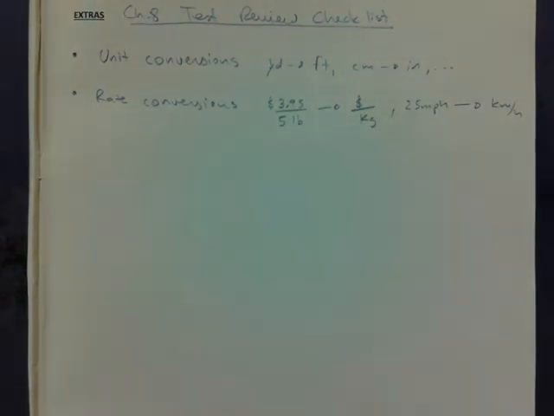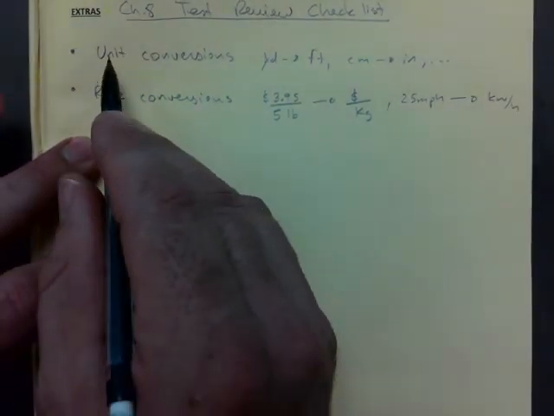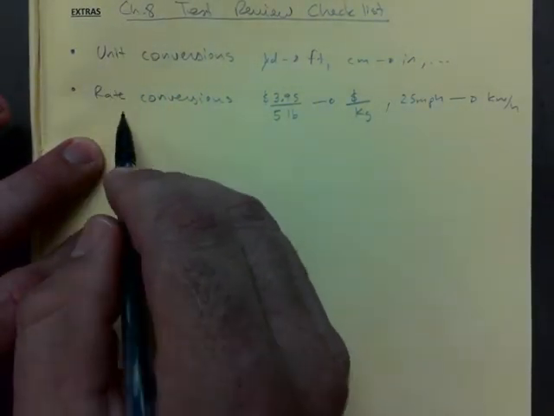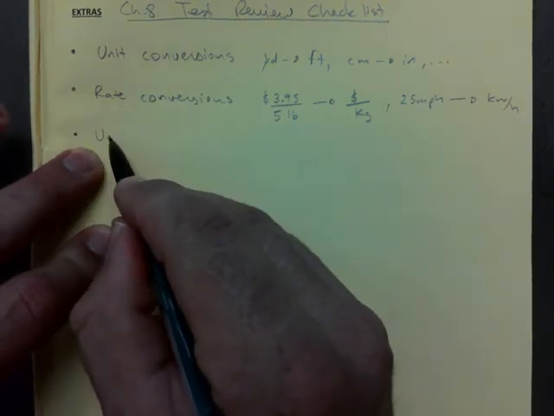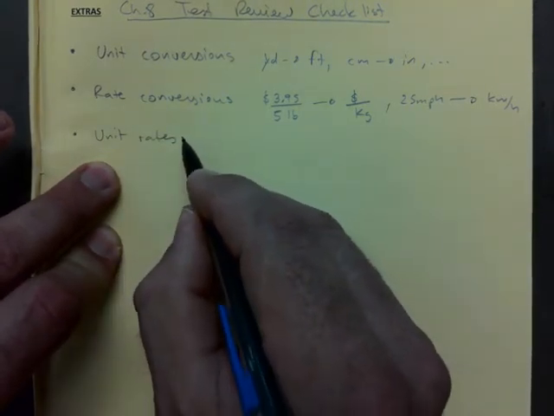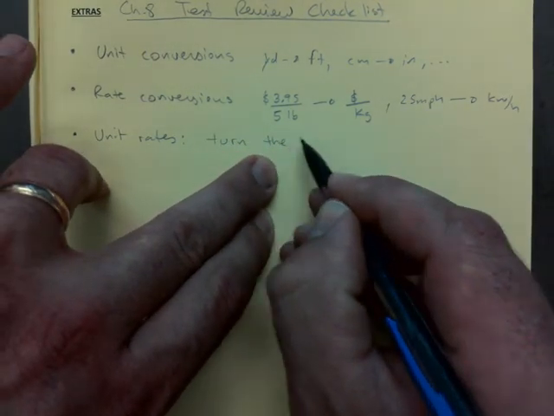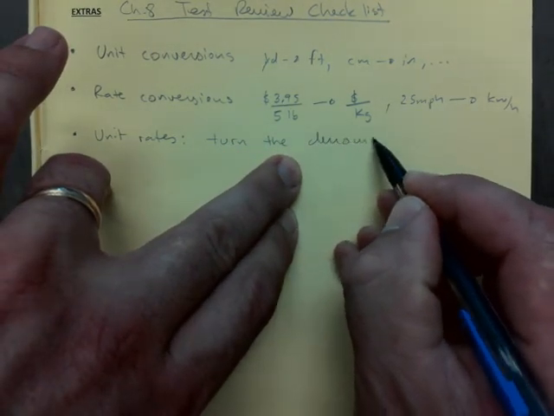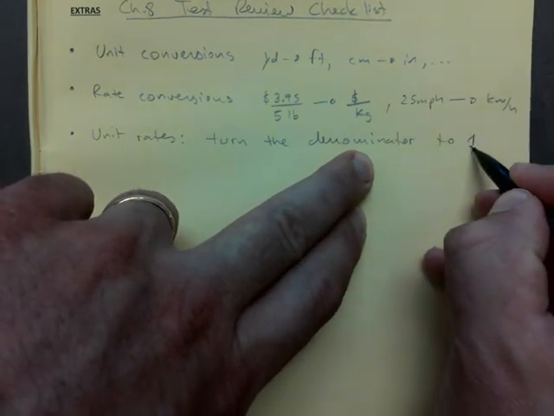So we did a lot of conversions there. Once you know how to convert, they basically work the exact same way. You just got to watch out for unit cancellations, right? Once you have either one of these, right, we turn into unit rate, right? Unit rates. And so it's basically, right, what does that mean? Turn the denominator to 1, right?